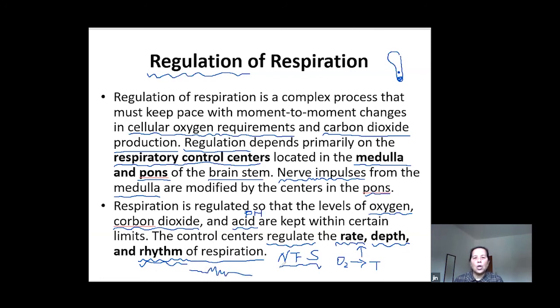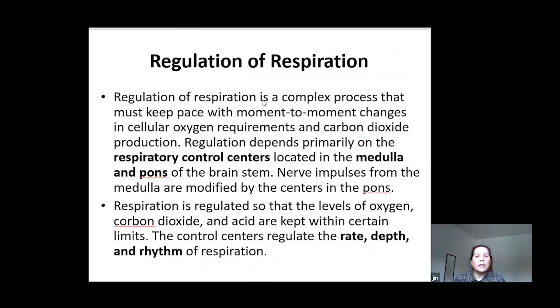Basically that control is still a negative feedback system, because when there's no oxygen taken in, it stimulates the control center, and then there's a big, deeper respiration that follows. So that's still a negative feedback system and it controls.